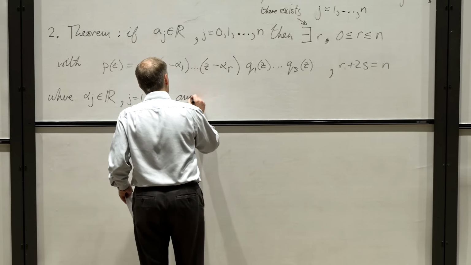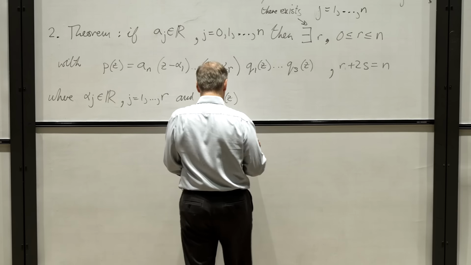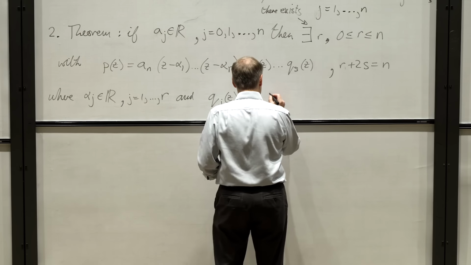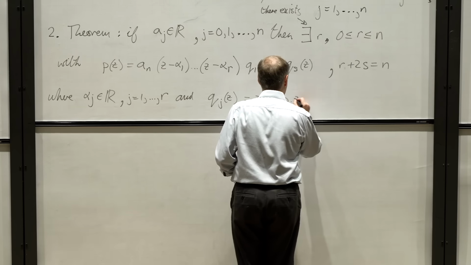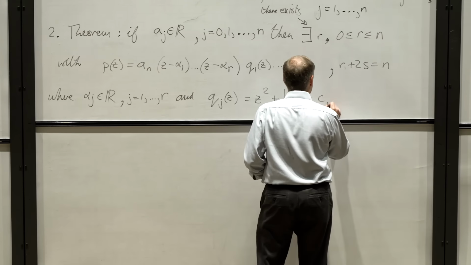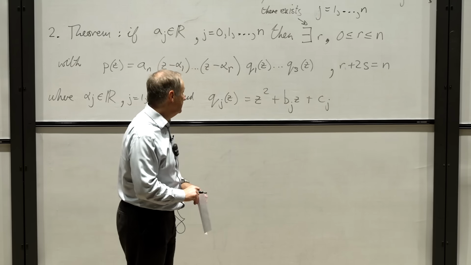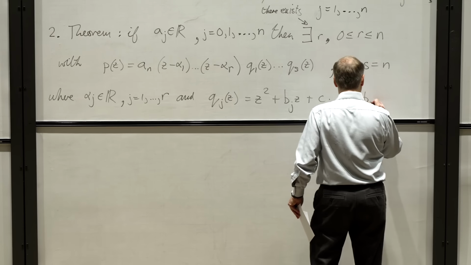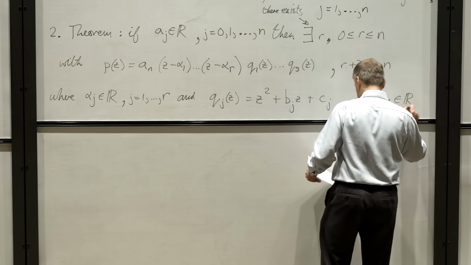And the term q j of z is precisely a quadratic polynomial, z squared plus b j z plus c j. So a quadratic polynomial with a coefficient 1 here. In this case, b j and c j are real numbers.